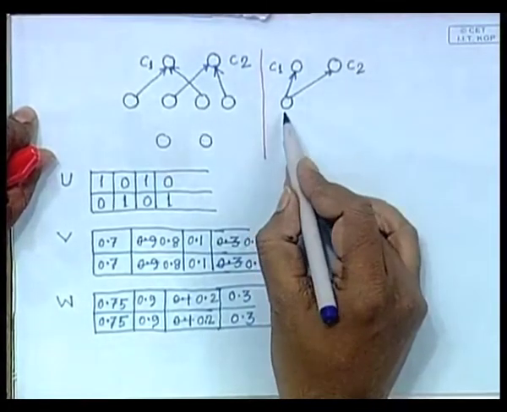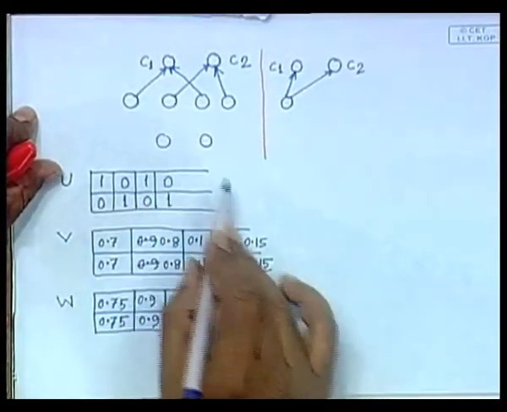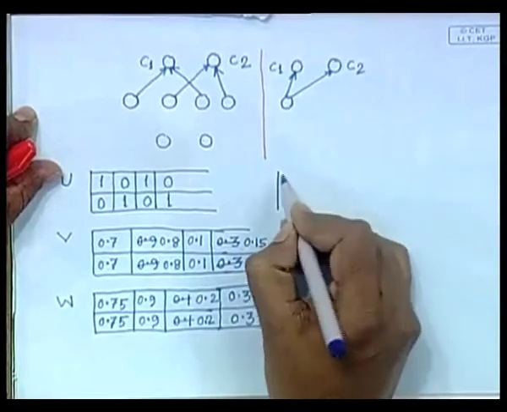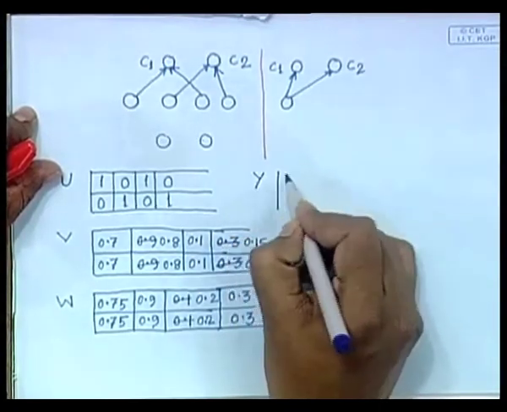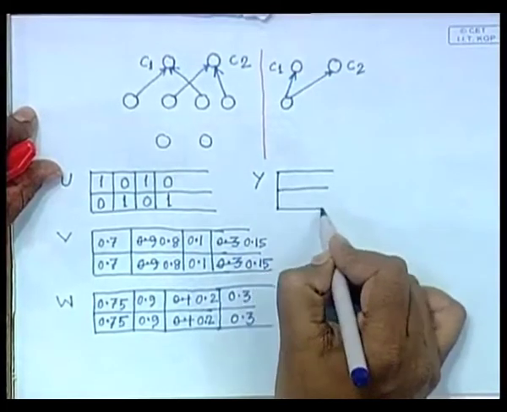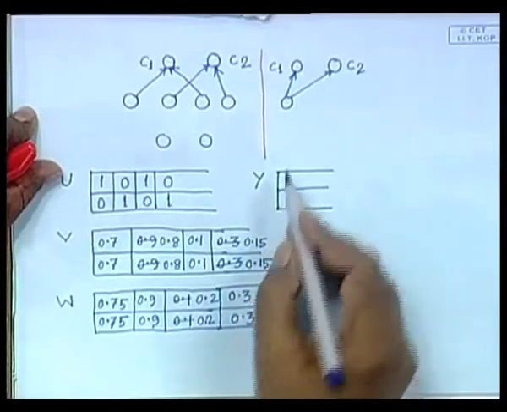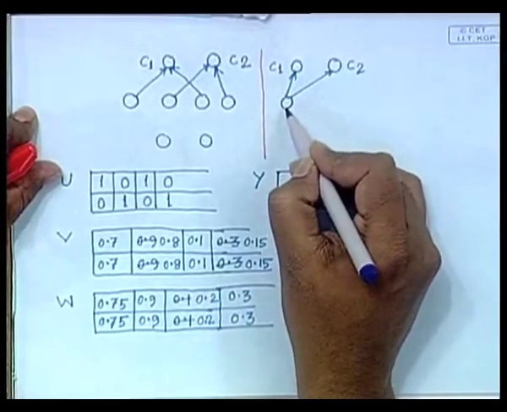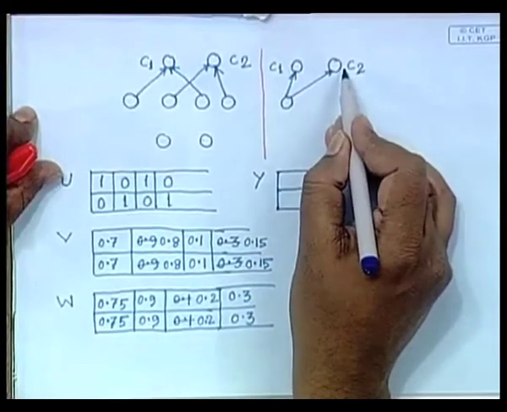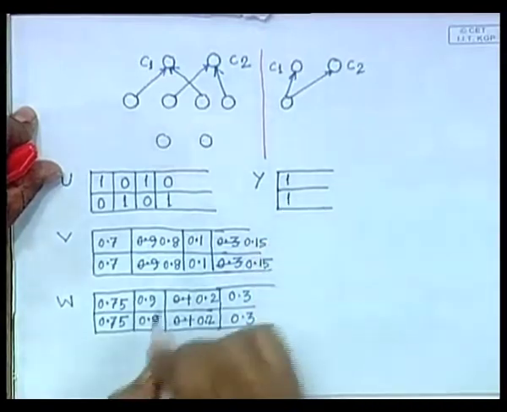Okay. However, as we have proposed a matrix U over here, let us assume that for this overlap compensation section I have another matrix, say Y. Okay. And in this matrix Y, because this neuron is feeding the output to both class C1 and C2, both of them will be made equal to high.